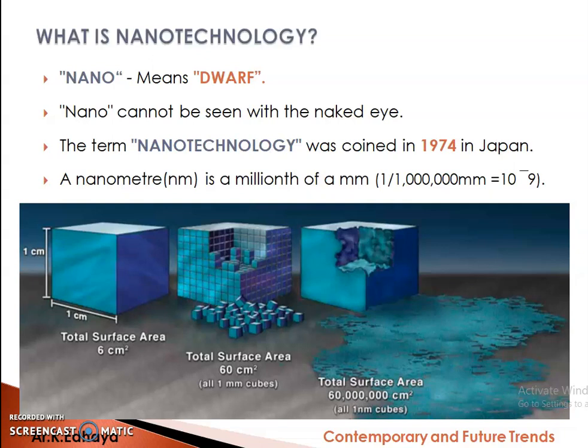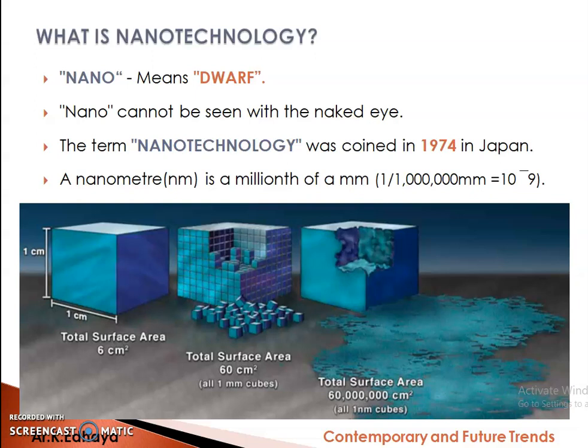Nano comes from Latin and Greek, nanus, which has the meaning of dwarf. These materials cannot be seen directly with our naked eye. Those are the particles which are called nanoparticles, which are the tiniest particles.